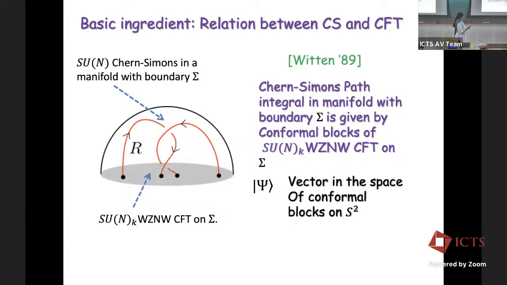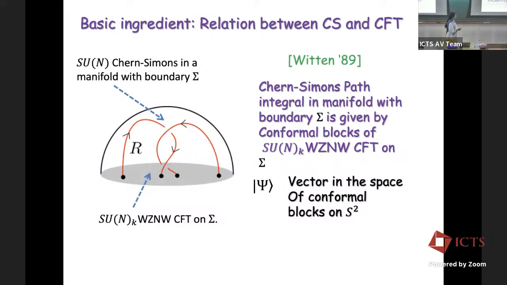So the Chern-Simons functional integral can be attributed to a state on this space, and this space is where you have this conformal field theory with a current algebra symmetry. Whenever I put a representation, the corresponding primary field is on this puncture. Suppose I take the SU2 group, then it will be an SU2 current algebra symmetry, and the level will be given by the coupling constant in Chern-Simons.